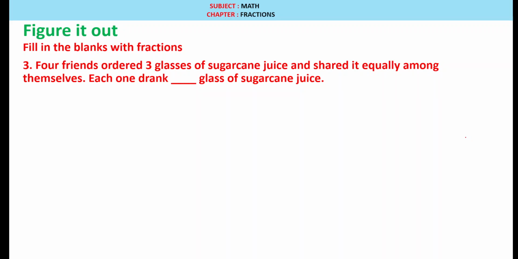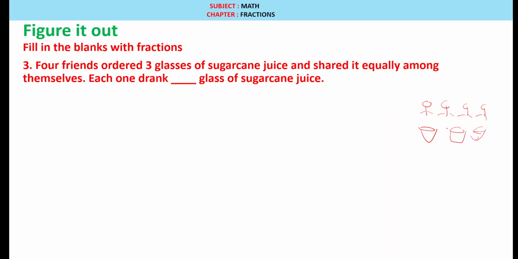Figure it out. Third question. 4 friends ordered 3 glasses of sugarcane juice and shared it equally among themselves. Each one drank dash glass of sugarcane juice. For example, now 4 persons are there. They have ordered only 3 glasses of juice.